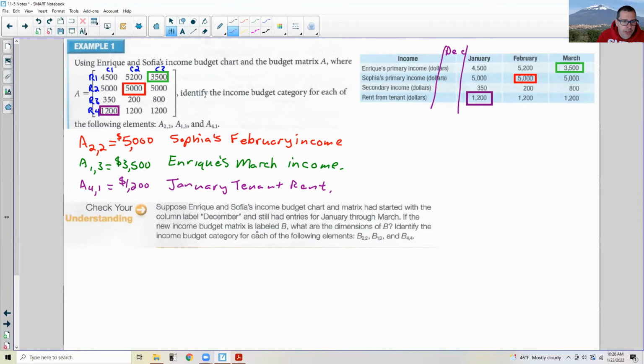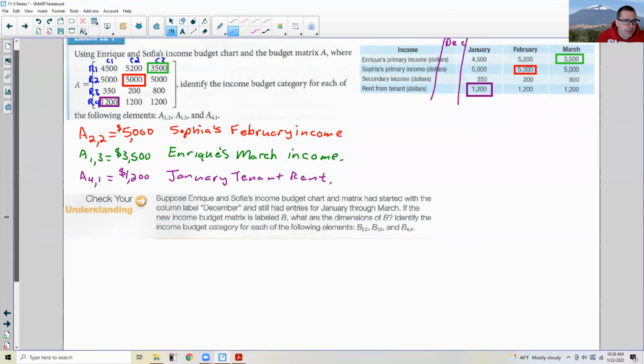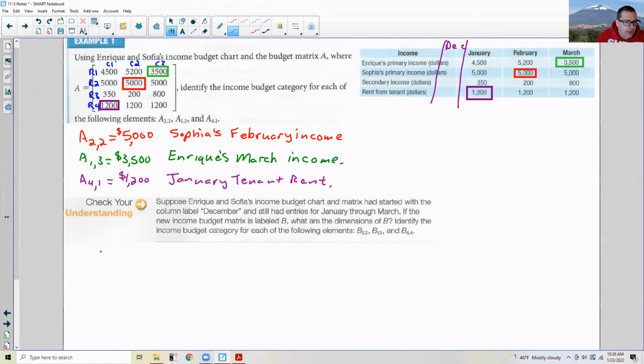If the new income budget matrix is labeled B, what are the dimensions of B? We still have 4 rows, but now we have 4 columns: December, January, February, March. So now it's a 4 by 4 matrix.